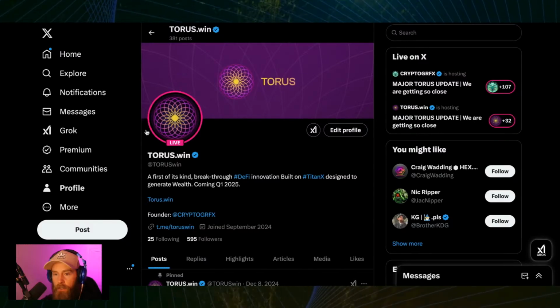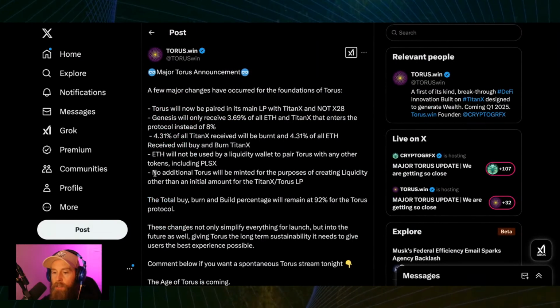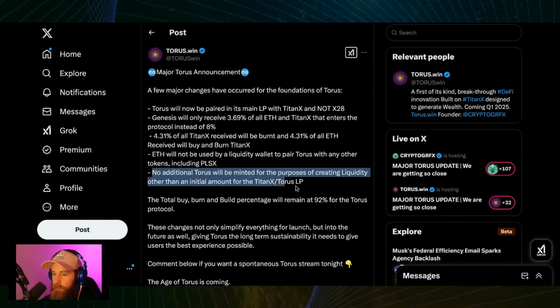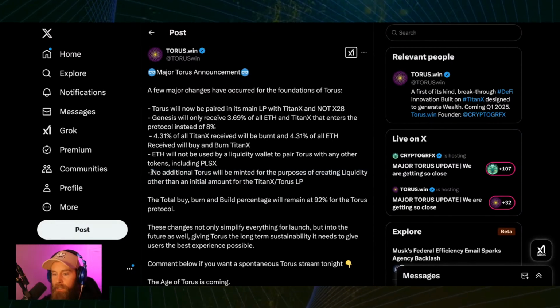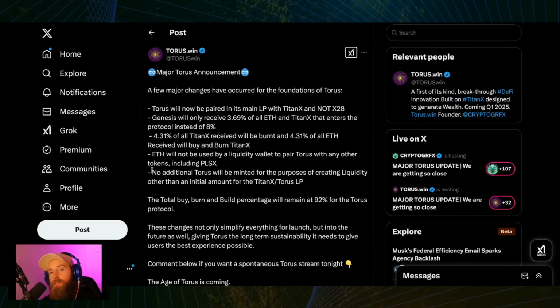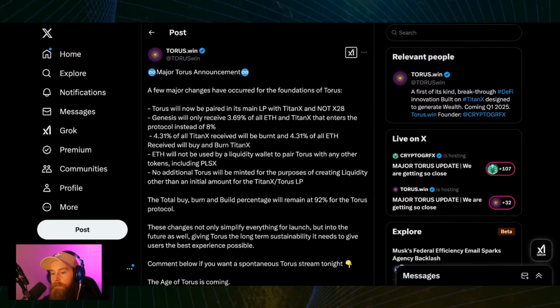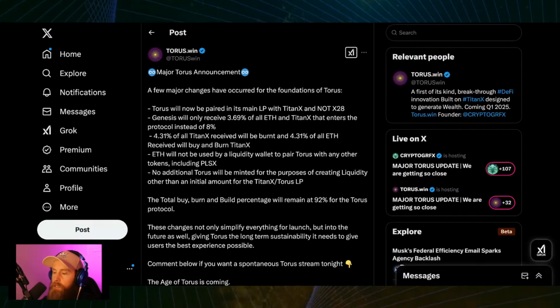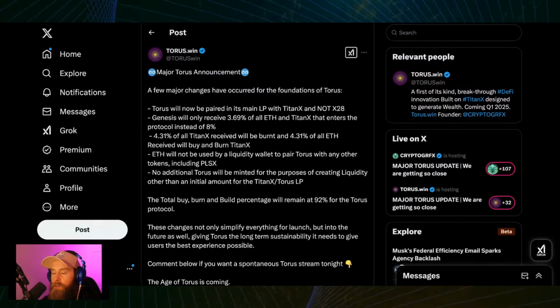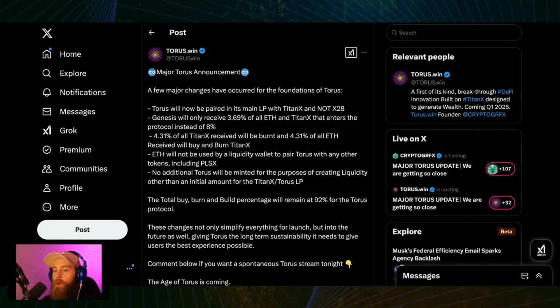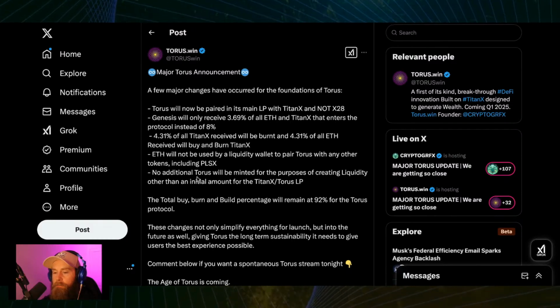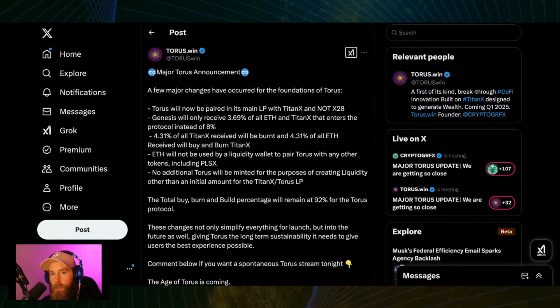So anyways, though, let's get back to this post. Now, the only other thing that we hadn't talked about of what I had put out there today is that this is unique to TORUS. Well, it's not so unique to TORUS, but in terms of other staking protocols you might have seen in the past, the only TORUS that will be minted is going into the liquidity pool.